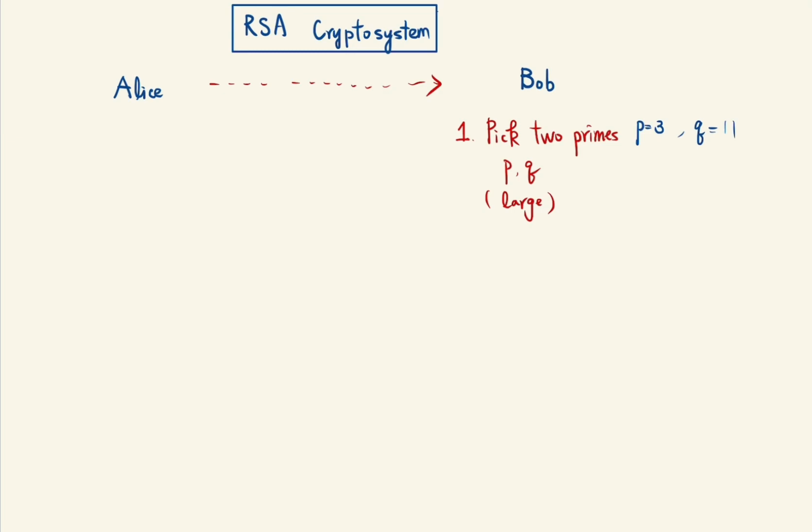The second step is we calculate N, that's P times Q, and calculate its phi(N), which is (P minus 1)(Q minus 1).